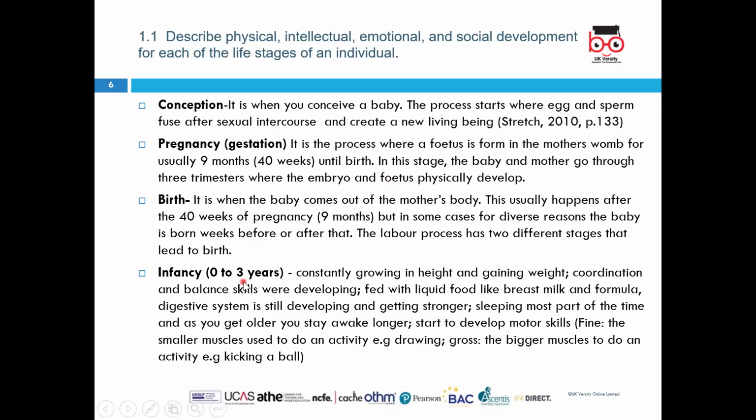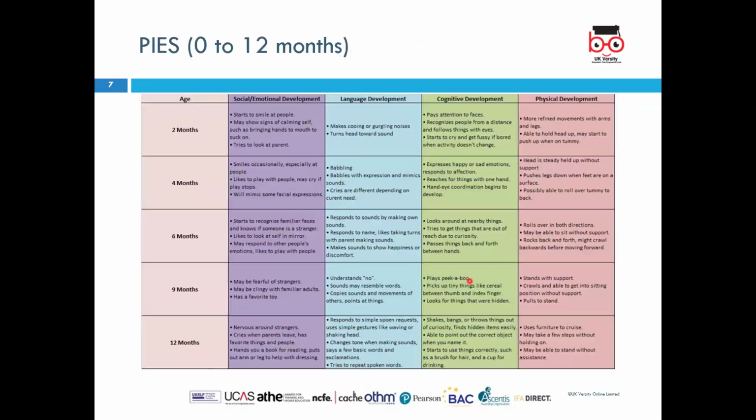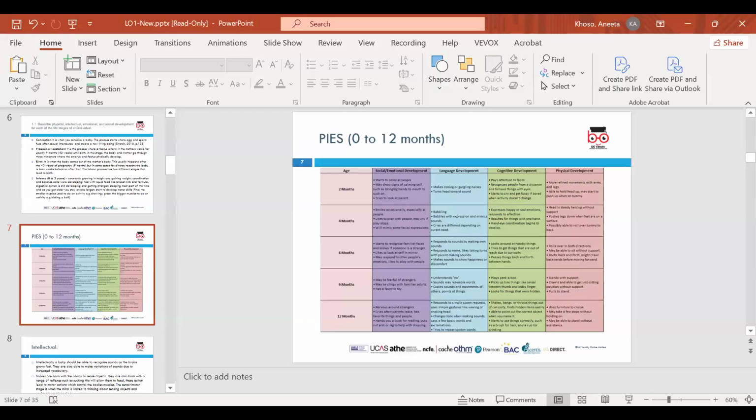Infancy is actually from 0 to 1 year of age, where the child starts growing older, they get stronger, and different body parts grow and develop. This is a very good chart. I'll just quickly take a snapshot of this and share it with you.